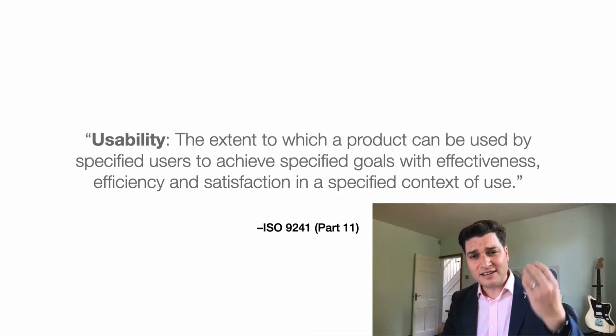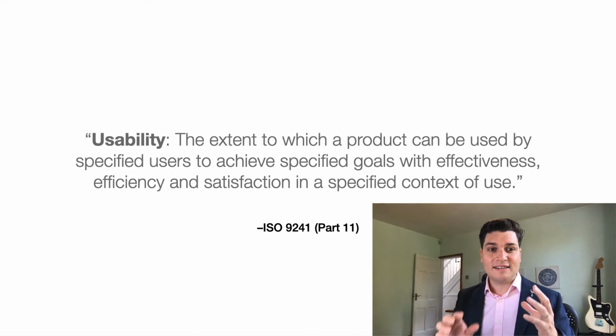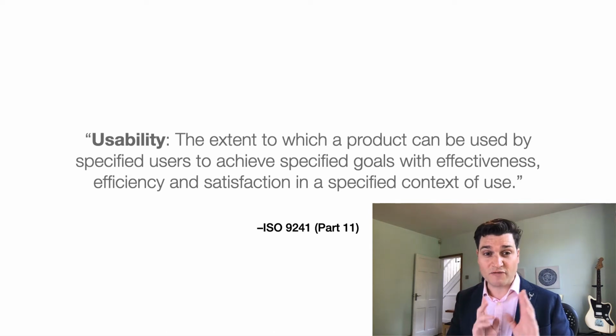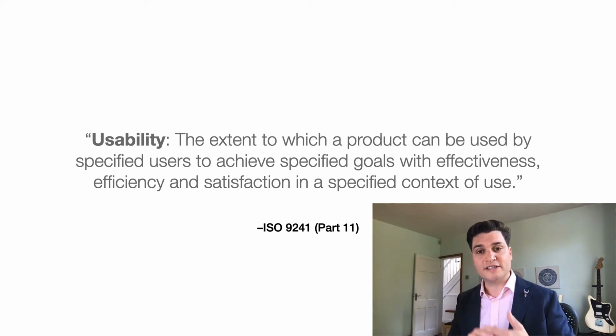Now, let's return to the definition once again from ISO 9241 Part 11. Usability is the extent to which a product can be used by specified users to achieve specified goals with effectiveness, efficiency, and satisfaction in a specified context of use. It's not about having something which just works every time for everyone like magic.